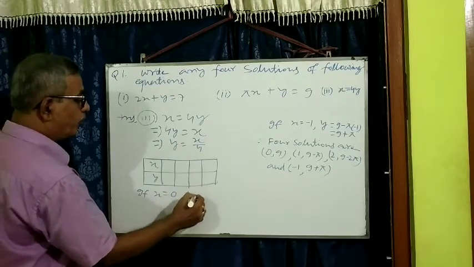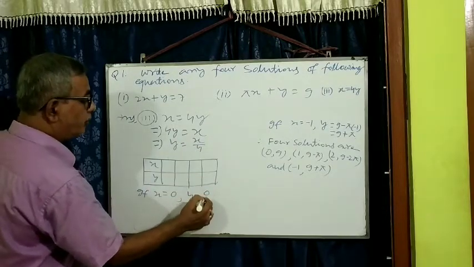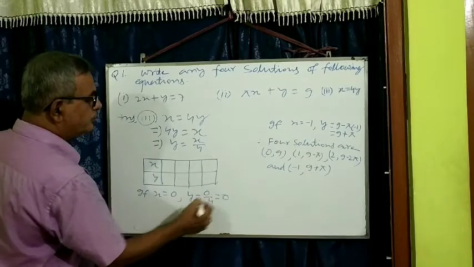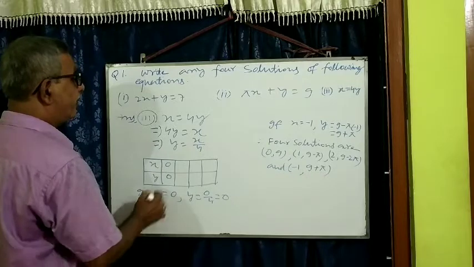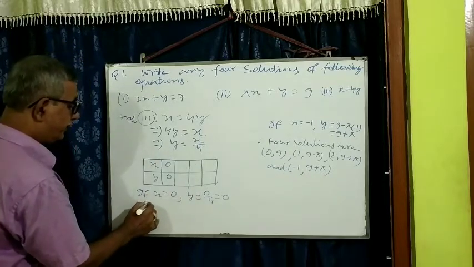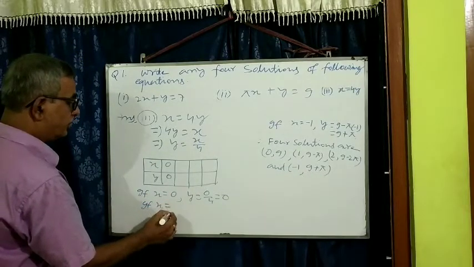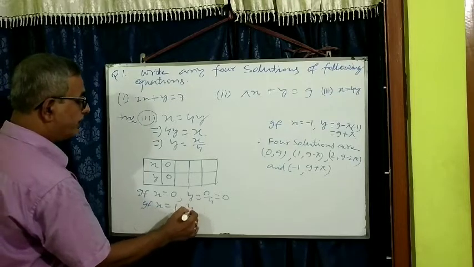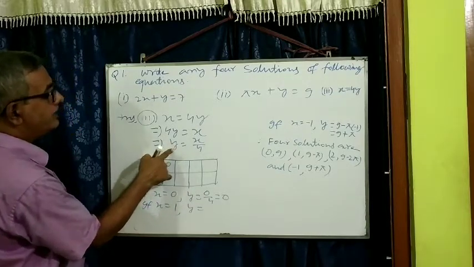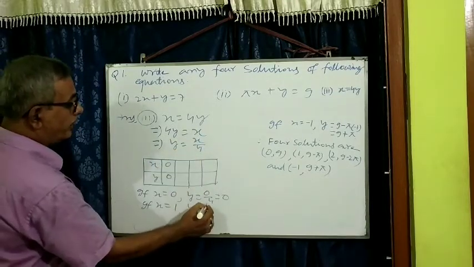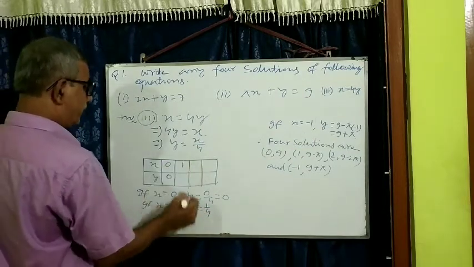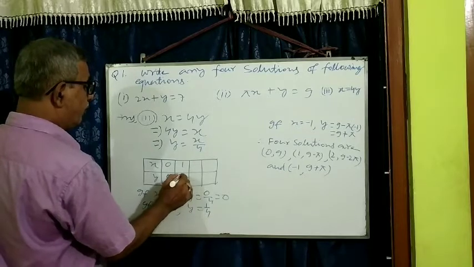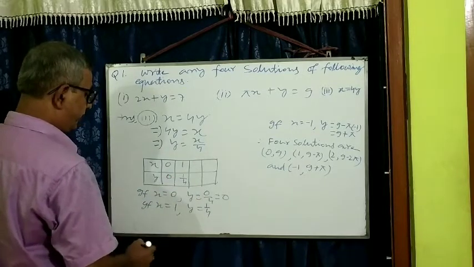Y is equal to 0 by 4, and 0 by 4 means 0. So x is 0, y is 0. If x is equal to 1, y is equal to x by 4, so 1 by 4. X is equal to 1, then y is equal to 1 by 4.